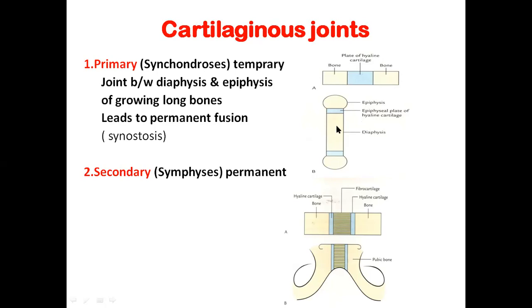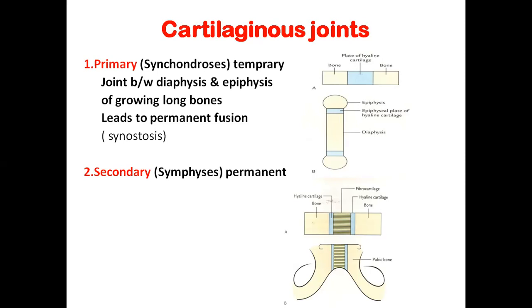This cartilage is replaced by bone tissue, and when the growth of the bone, or the ossification, is completed, the cartilage, which is present up to a certain age, then disappears and is replaced by the growing bone.